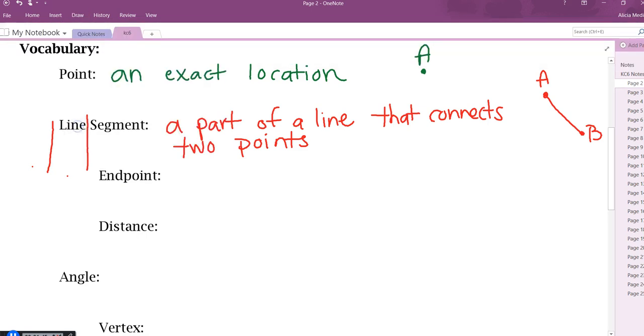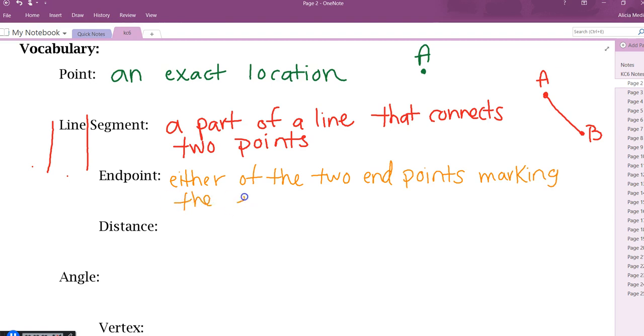So this is either of the 2 endpoints, marking the end of a segment.